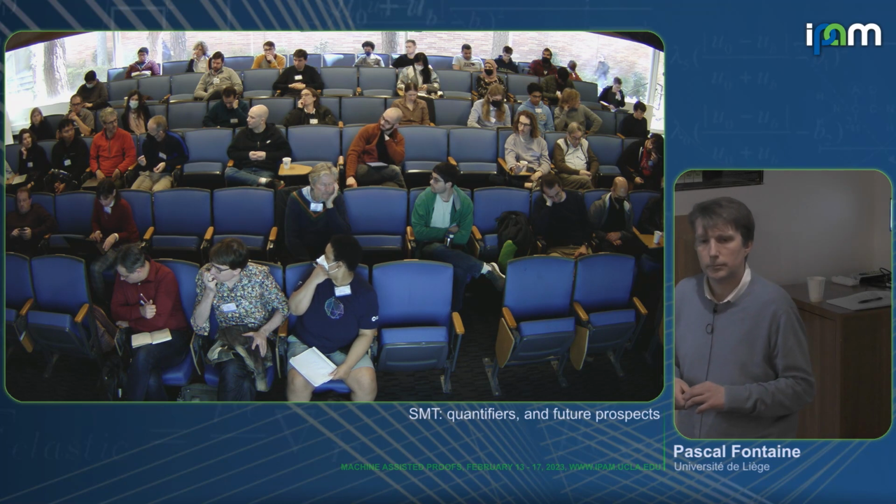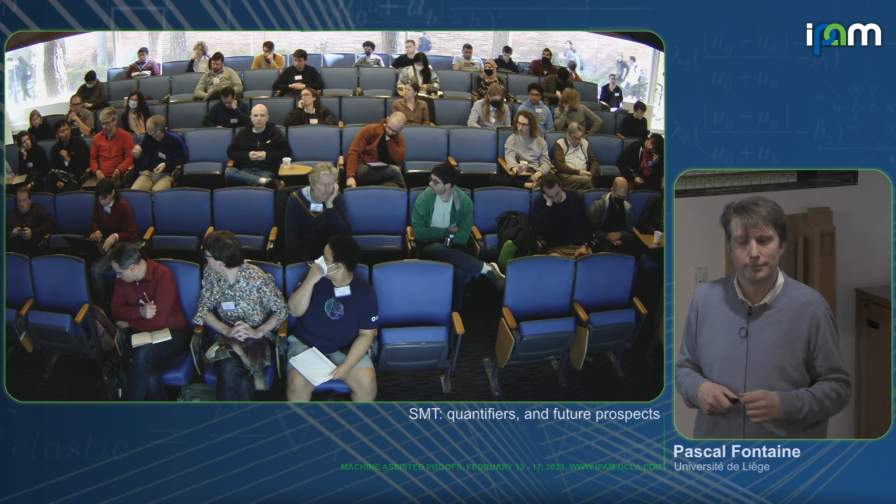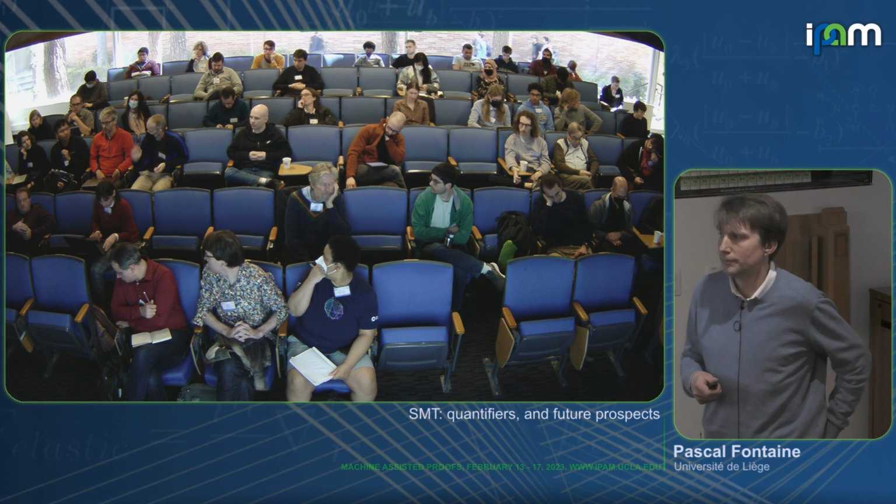You have to find the right instances for the universal quantifiers to contradict what you have, which is the opposite view than the one you have when you are proving validity of things. Instead, when you have to prove validity of something, then it's the existential. Another way to think of it: an existential variable is the same as just a free variable. So if I have exists x something, I can just get rid of it and keep the x.